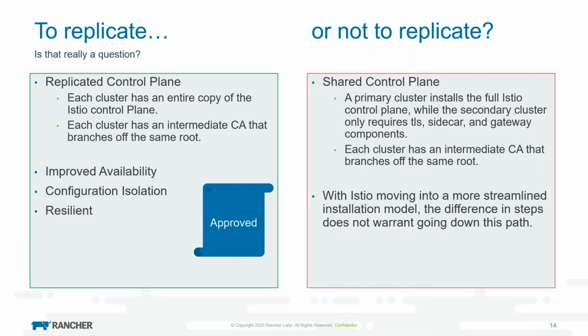The only thing I would suggest against a replicated control plane would be if you're running very minimal instances and you don't have the compute to support multiple control planes. But I would consider the standard to be the replicated control plane model, because as we'll see, it's real straightforward. It's basically just install a cluster, rinse, repeat.